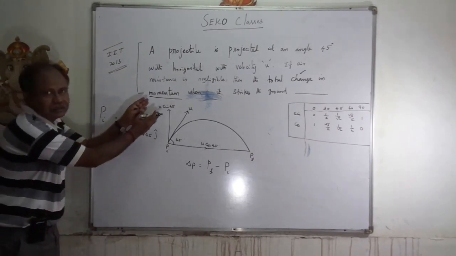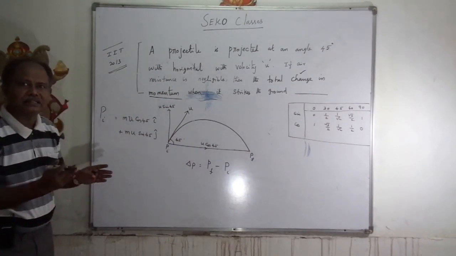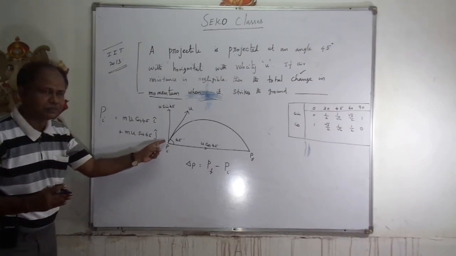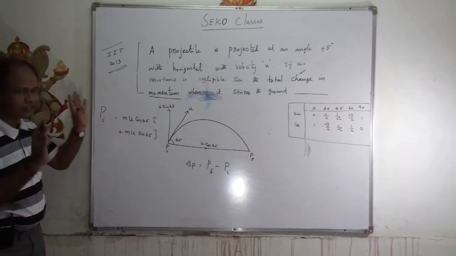By adding the x component and the y component, you get the total momentum P at that point.